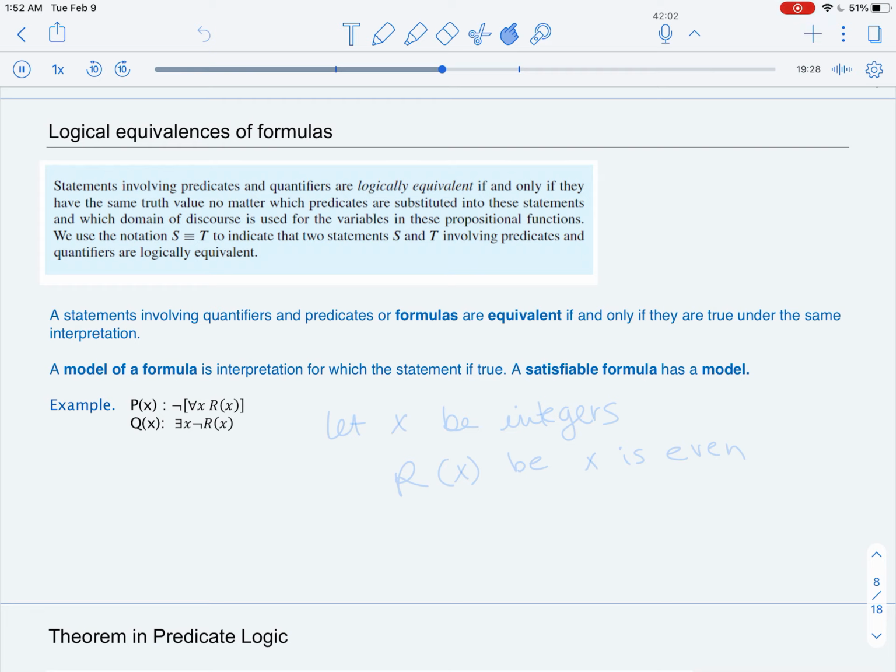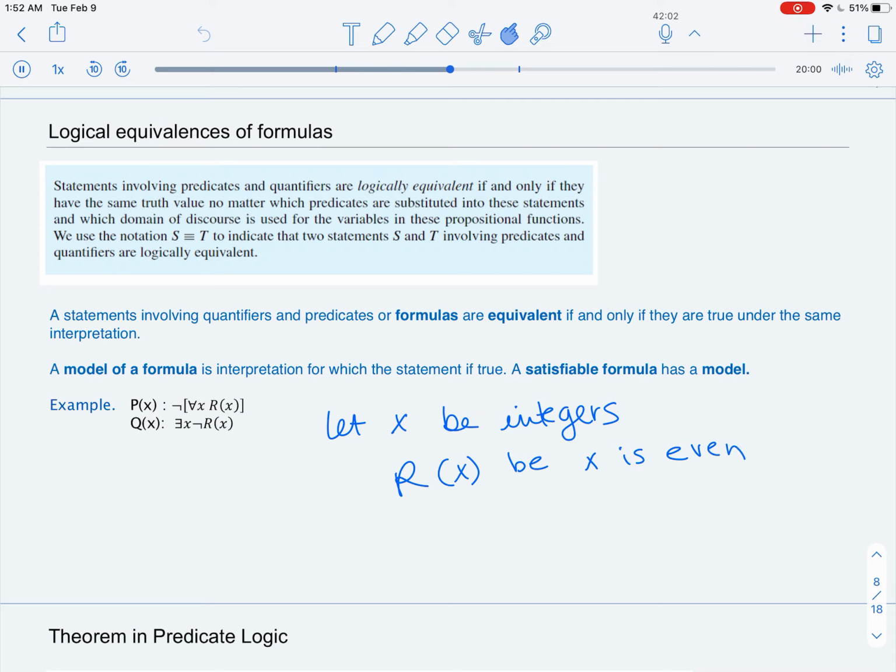And we can see this by considering a specific example, but recall that regardless of what the predicates are, this would have to be the case. They'd have to have the same truth value. So just as an example, let x be the integers and R of x be the statement that x is even.